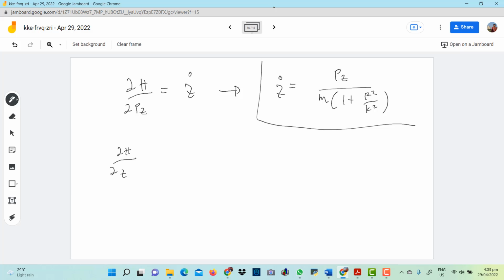And the other one: partial H with respect to z is equal to minus pz dot. From that, I get pz dot equal to minus m times g. Okay? Minus m times g.